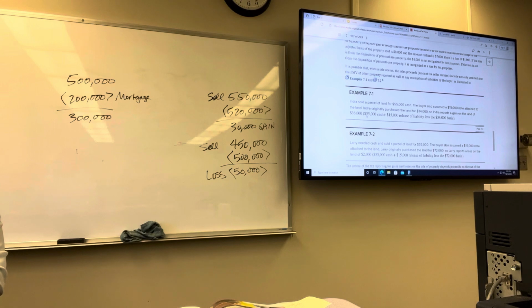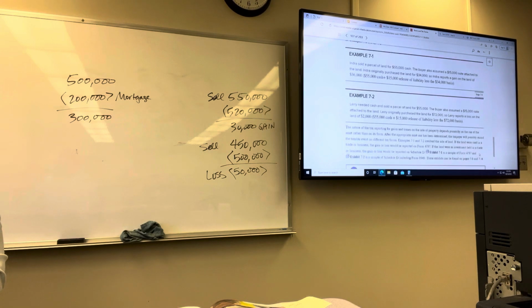We're going to take the $55,000 of cash received plus $15,000 release of liability, because that's now $15,000 less that individual has to pay out, right? They would have had to pay on that liability. Less the $34,000 basis. Okay, so any release of liability, we're going to add to the cash that's received.